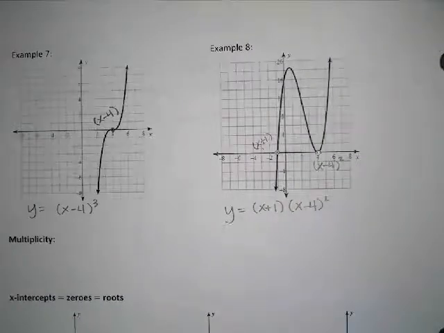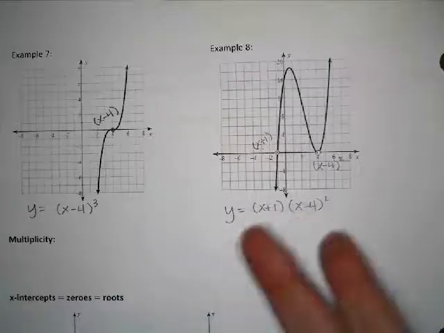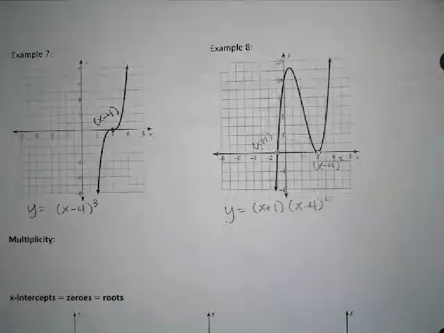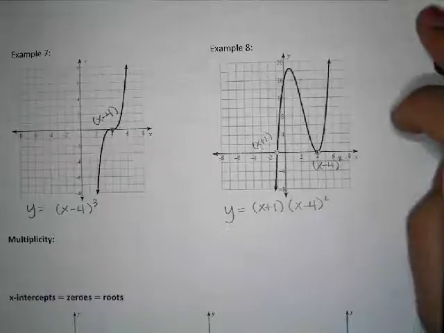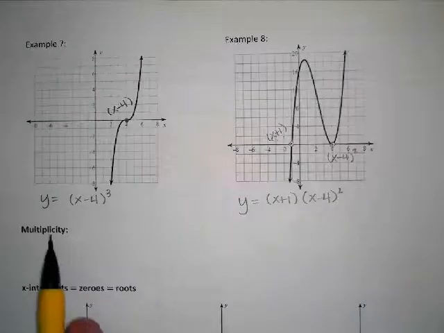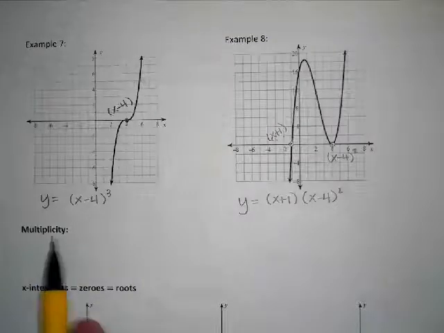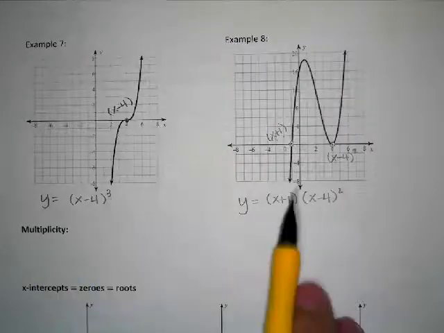Okay? All right, so this leads us to a conversation about something called multiplicity. Multiplicity is this little number that is next to the parenthesis. It's the multiplicity of the x-intercept.